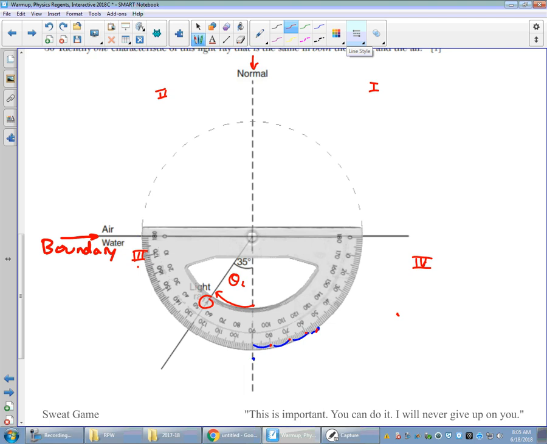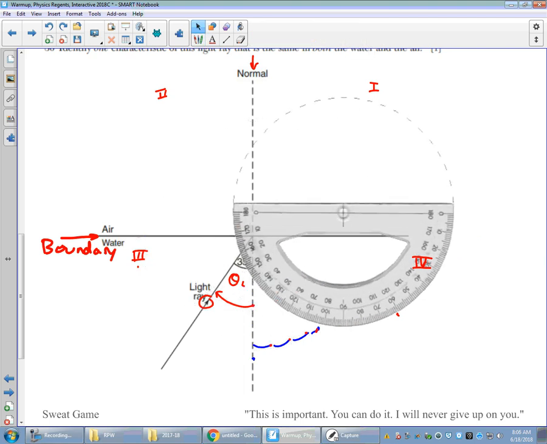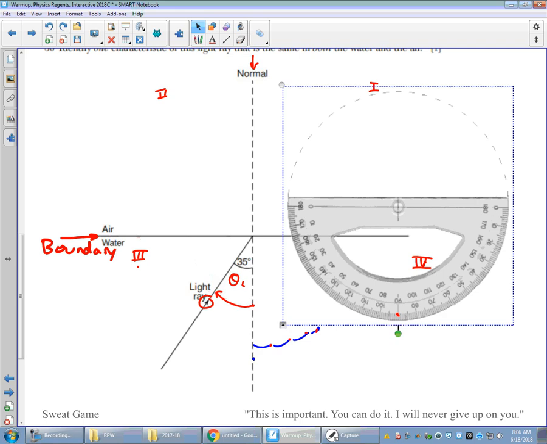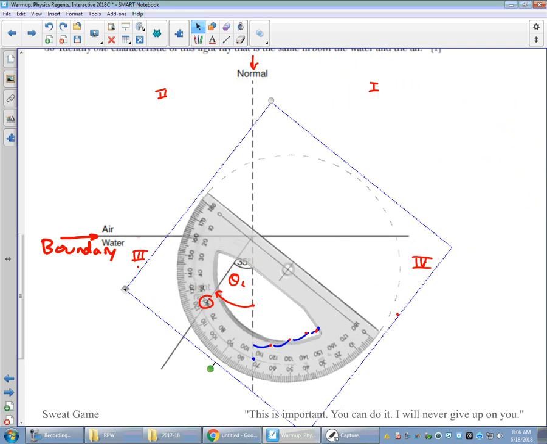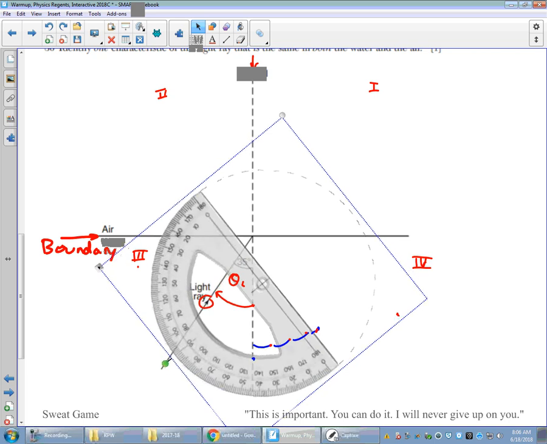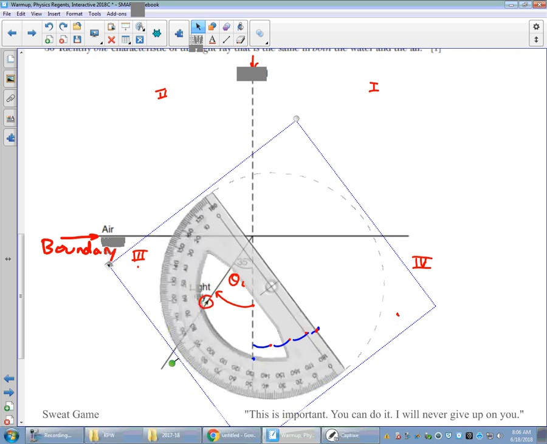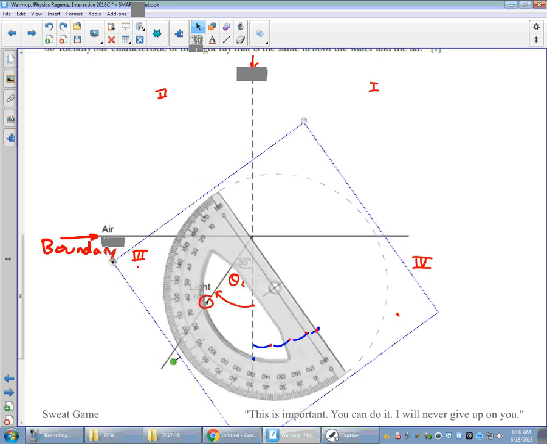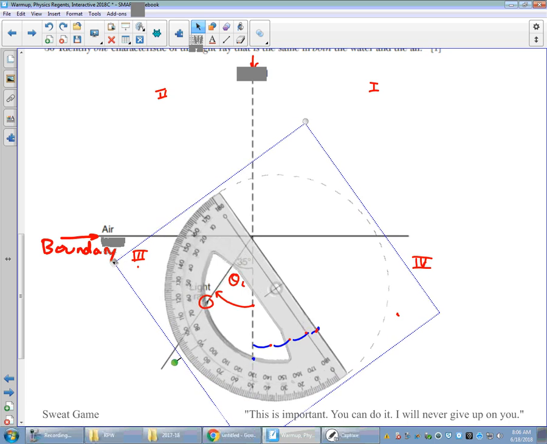It's a little off here because our protractor is not great in this program, but if you do this with your actual physical protractor, this should be the same regardless. And you set up the protractor as a straight edge, or if you have a ruler, you can use that. And that dot, the only thing that dot tells you is which way to go. It does not tell you how far to go. You can go beyond the dot, you can stop short of the dot.